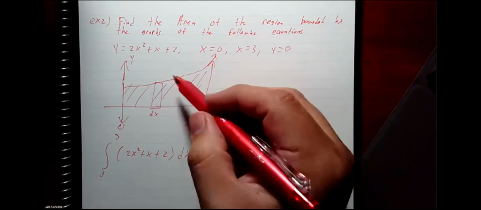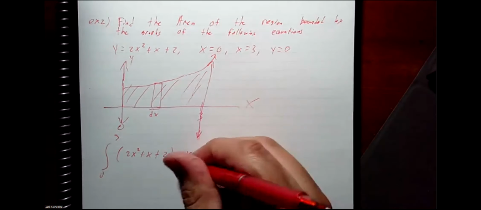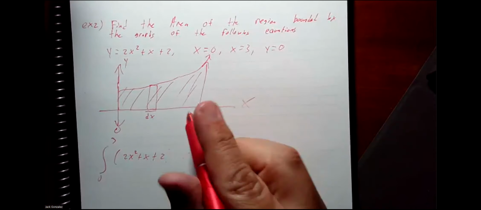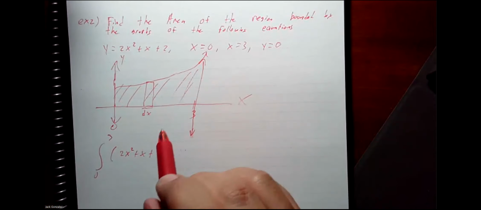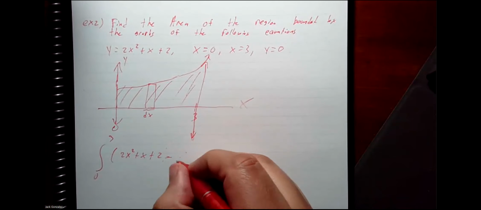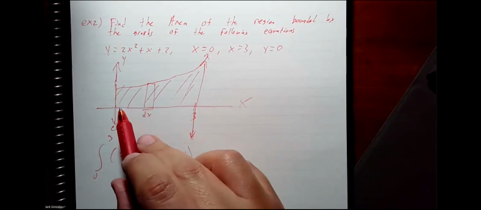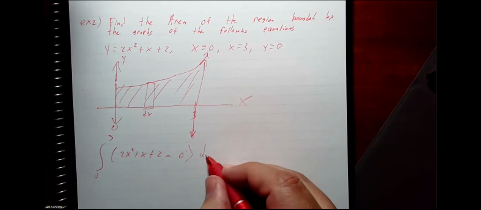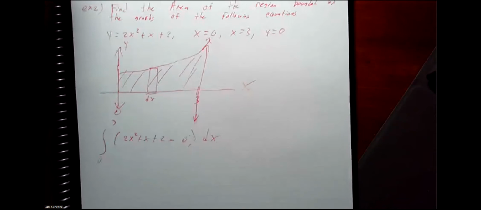I should show you one more step here. It's always going to be the top function, which is the parabola, minus the bottom function, which is the horizontal line y equals 0. So it doesn't actually make a difference, the 0.